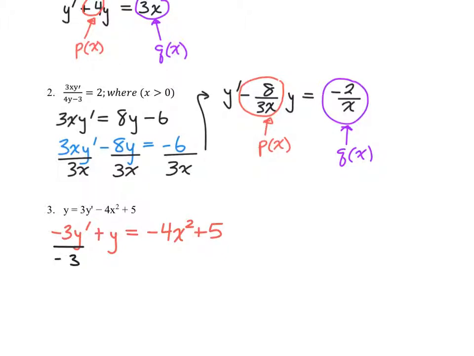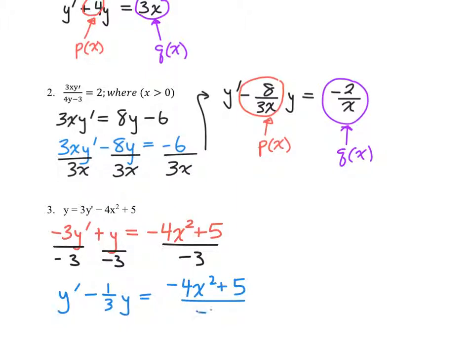Divide out the negative 3 from each part. I'll be looking at y prime minus 1/3 y is equal to all that stuff. You can clean it up if you want, but really it isn't going to make much of a difference, at least until we see what the next step is all about.